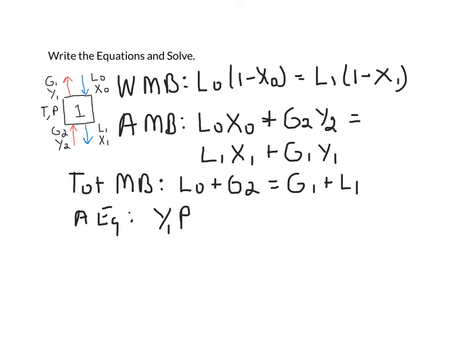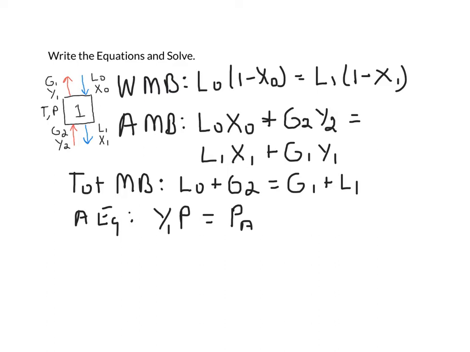That has to be equal to some function of the liquid composition leaving stage 1. We'll have an expression for this partial pressure in terms of the liquid composition here. So Y1 times total pressure will be equal to some function of X1. We'll get to that in a minute.